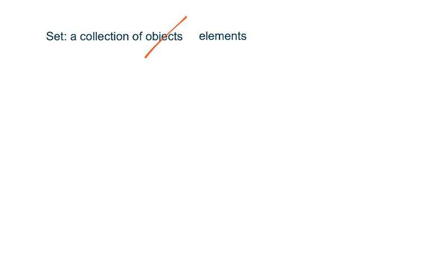The most common way for us to represent a set is in what's known as roster form, where we list out those elements in something that looks like this. We have the set 1, 2, 3, 4.